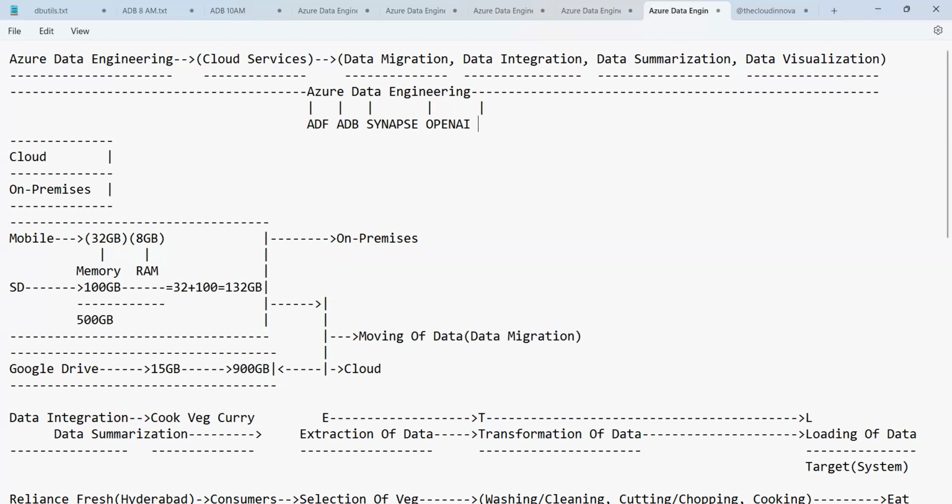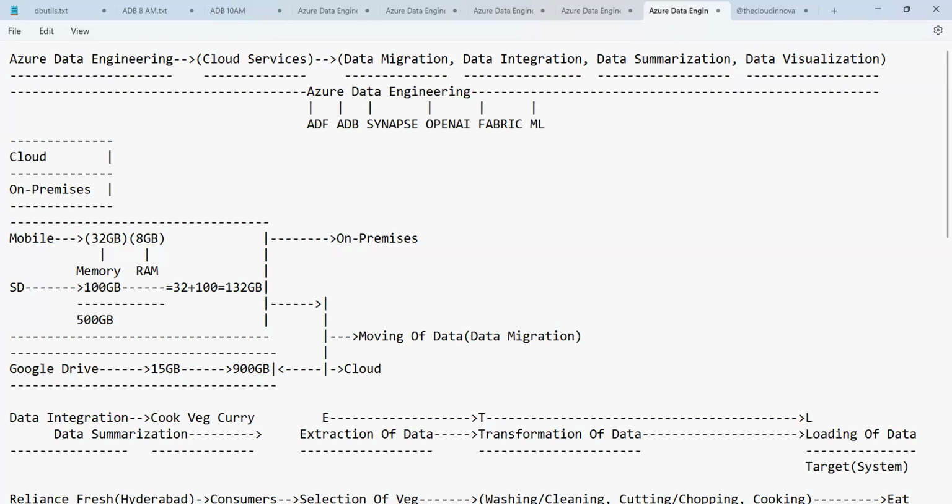And then we have Azure Fabric, and then we have even Azure Machine Learning.